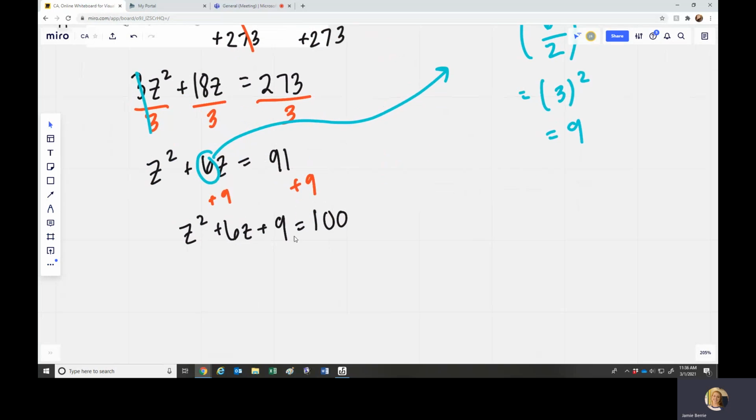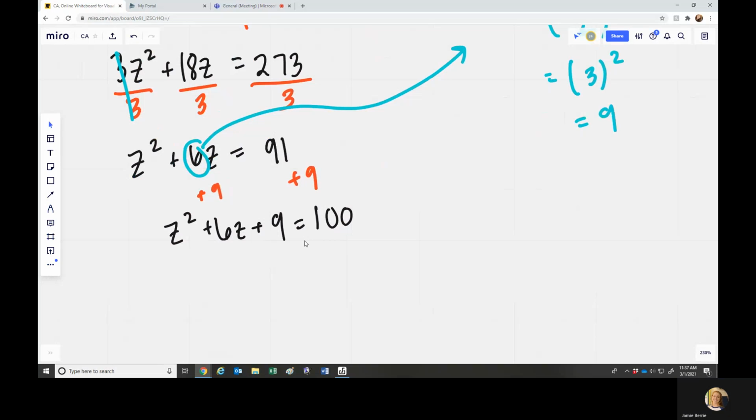Now this is a perfect square trinomial on the left-hand side. We can write that as the square of a binomial. And remember what I told you. The little trick here is that this can always be written as variable first, then a blank space, squared, equals the right-hand side.